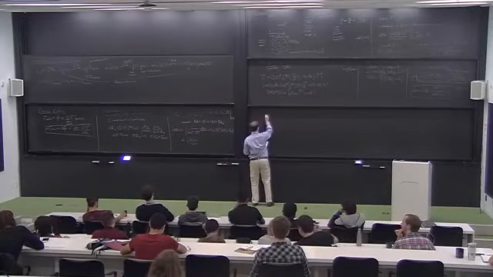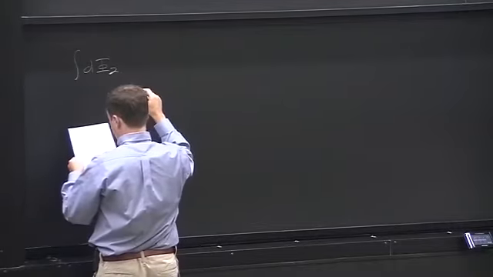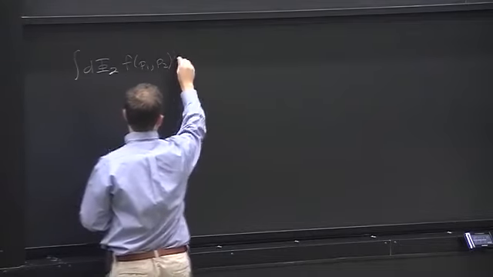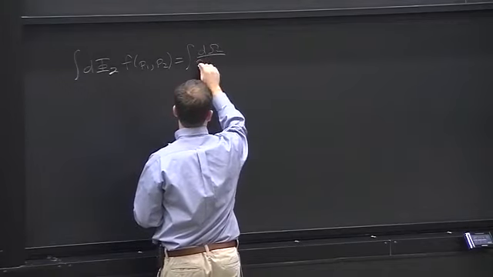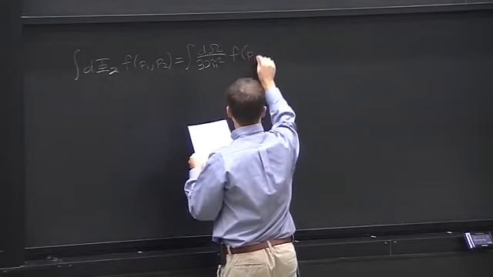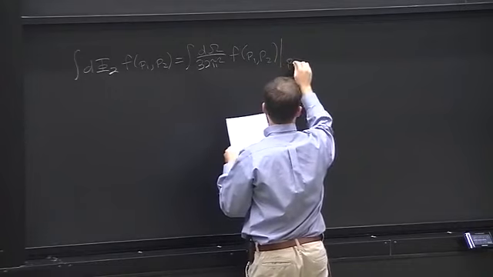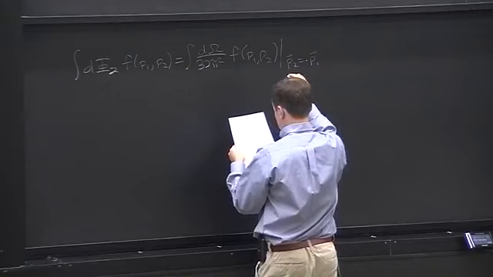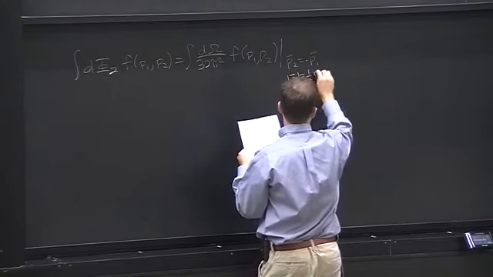In particular, if we write d phi of f of P1, P2, because we only use deltas, that's the same as the integral d omega over 32 pi squared of f of P1 and P2 evaluated at P2 equals minus P1 and P1 equals a half ECM.